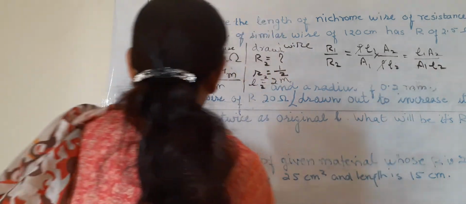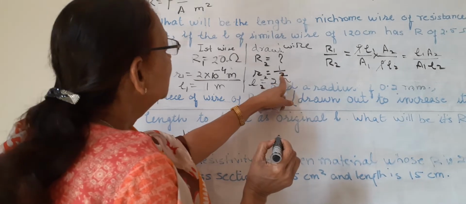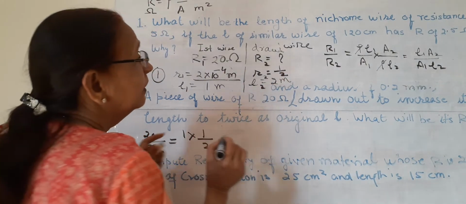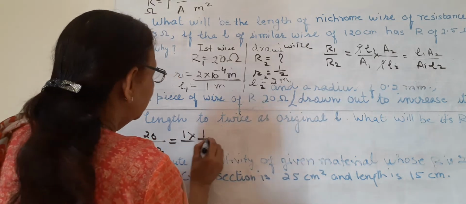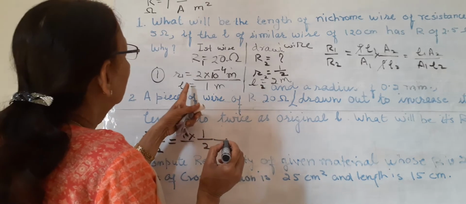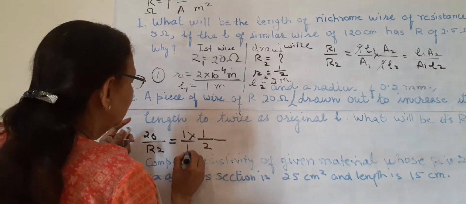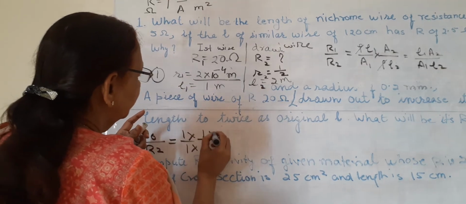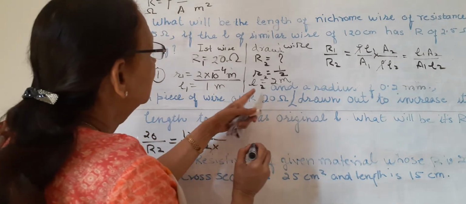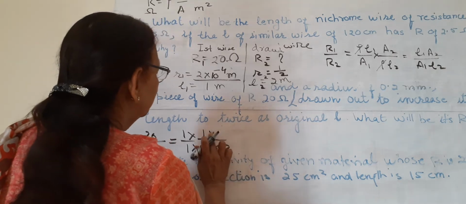Then what is A2? A2 is half of the first one. Then what is A1? A1 is suppose 1. And what is L2? L2 is 2, twice.